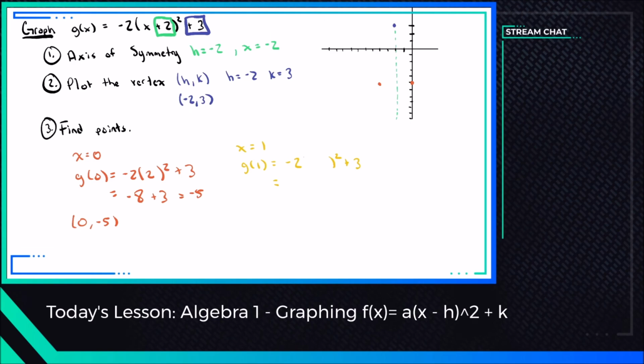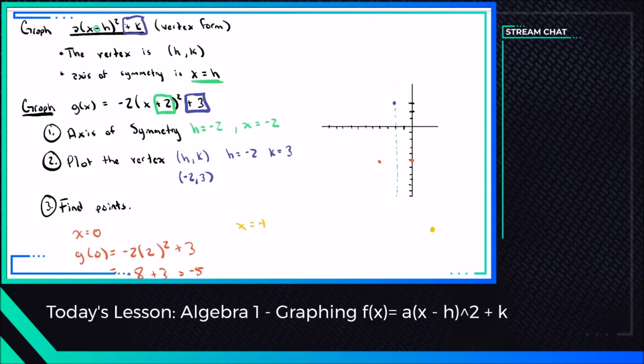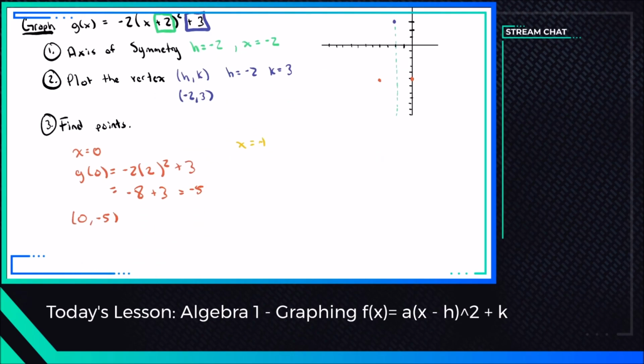This is going to be a 1 plus a 2 squared. 1 plus 2 is 3. 3 squared is 9. 9 times a negative 2 is negative 18. Oh, I know what I'm doing wrong here. I actually want to plug in a negative 1. If we plugged in a positive 1, we're going to be way down here, and that's not really useful. Let's plug in a negative 1.